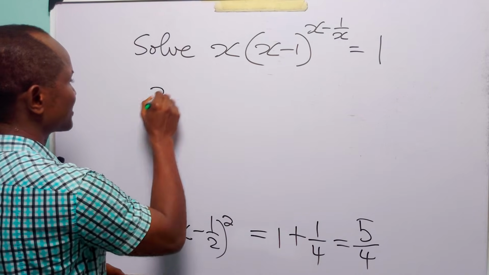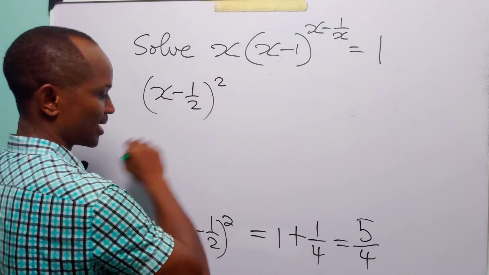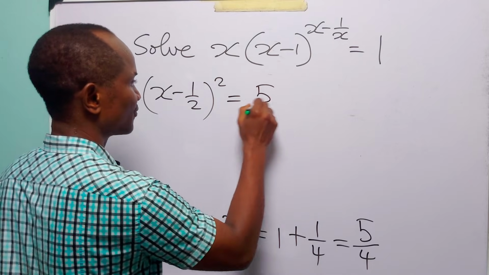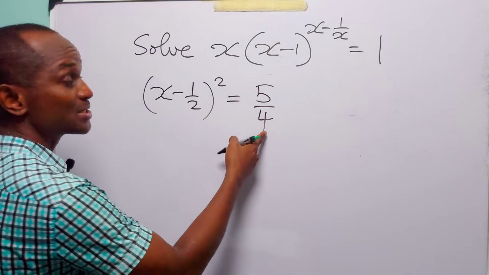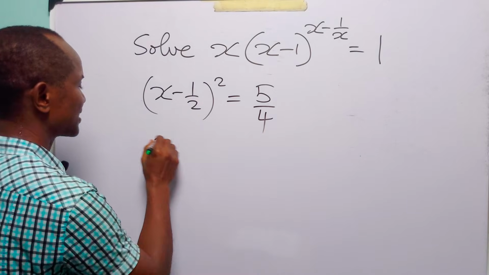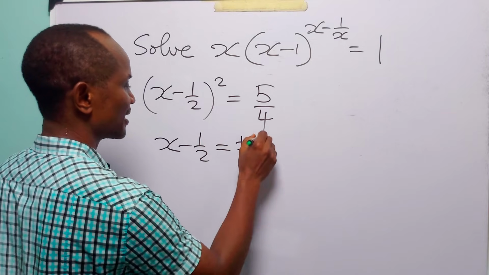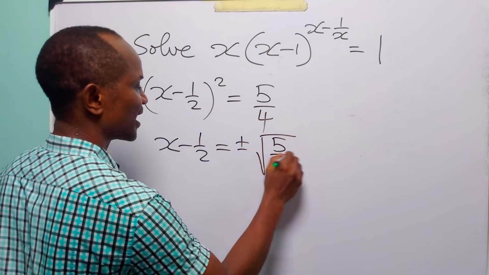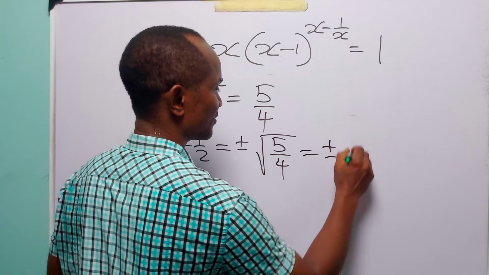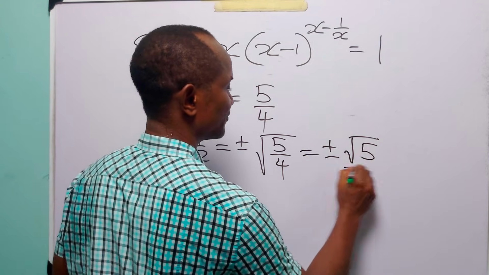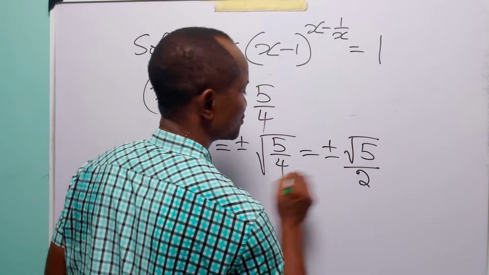From here, we have that (x − 1/2)² is equal to 5/4. When we take the square root of both sides of this equation, we have that x − 1/2 is equal to plus or minus the square root of 5/4. This is equal to plus or minus the square root of 5 divided by the square root of 4, which is equal to 2.